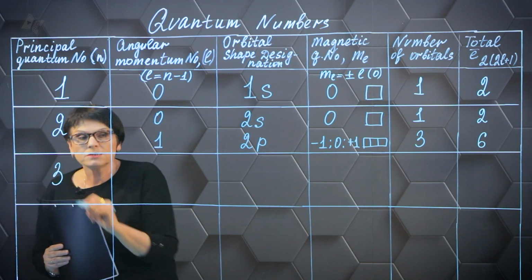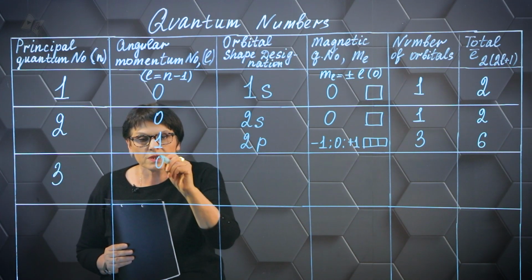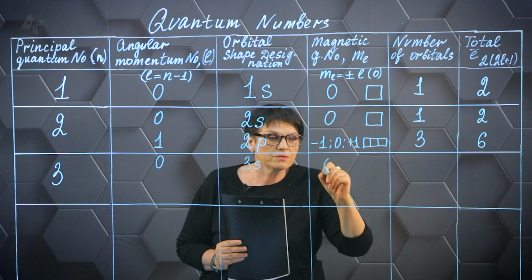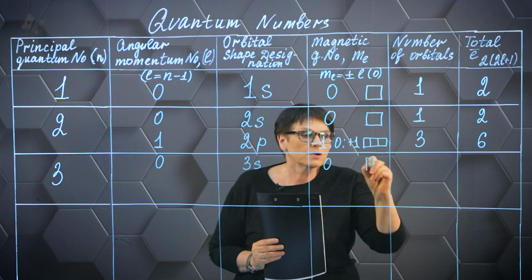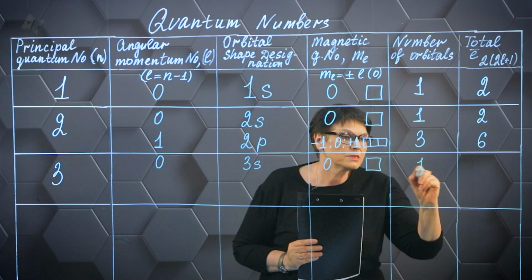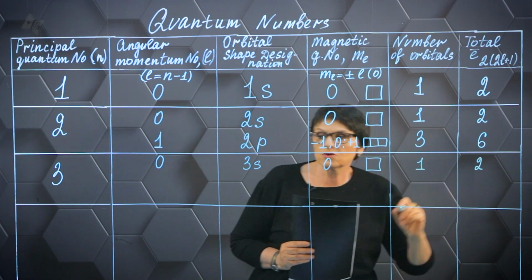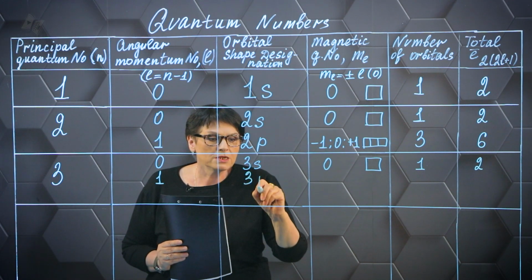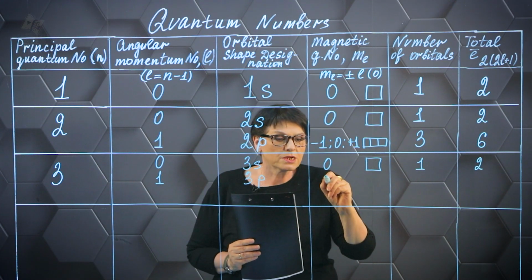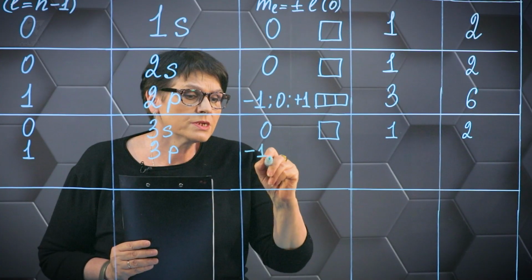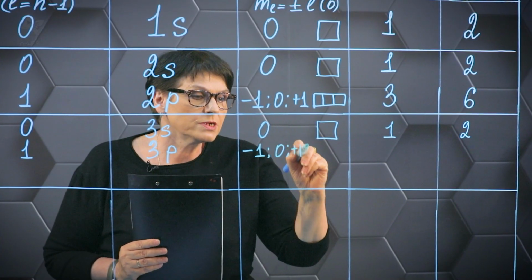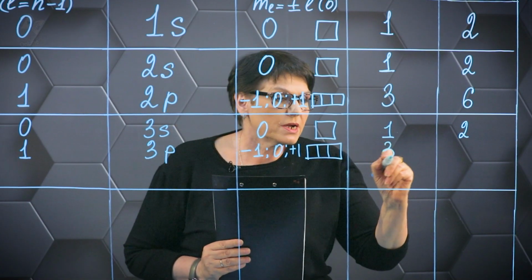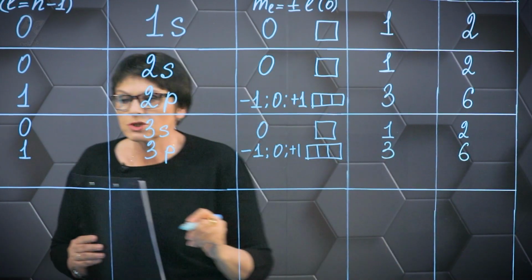Then the third energy level. It repeats 0 again. It corresponds to 3s, with magnetic number 0, one quantum cell, 1 orbital and 2 electrons. Then 1 is added, that would be 3p. That would correspond to minus 1, 0 and plus 1, and 3 quantum cells. Number of orbitals 3, number of electrons 6.